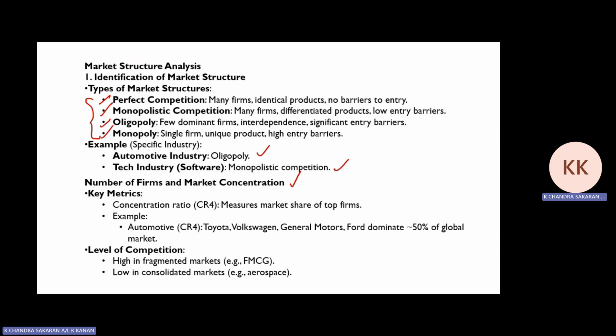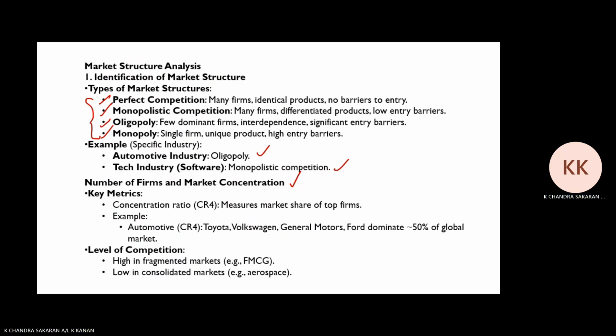In monopolistic competition, there are many small firms, and the four largest firms in the industry control less than 50%. So that's how you distinguish between oligopoly and monopolistic competition, by finding out the market concentration ratio. Do you know what the market concentration ratio is? Anyone? How do you calculate it?